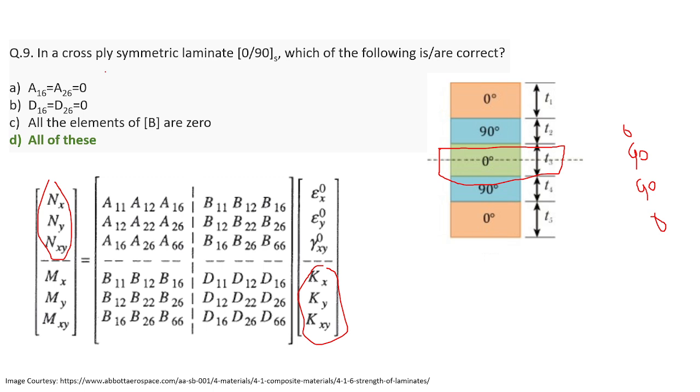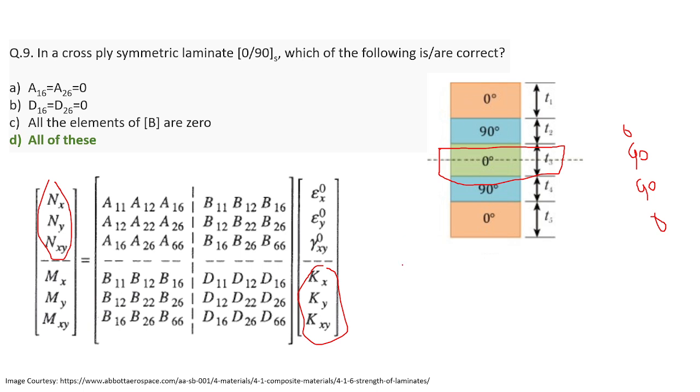Then next, see the other options: A16, A26 equal to 0. Now the A matrix relates the resultant force to the strain, the mid-surface in-plane strain. A16 is a coefficient which relates the force in x direction and the shear strain in xy direction.